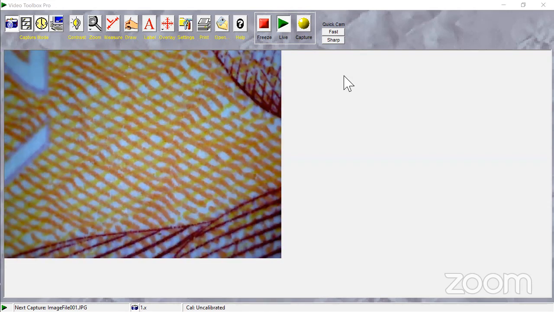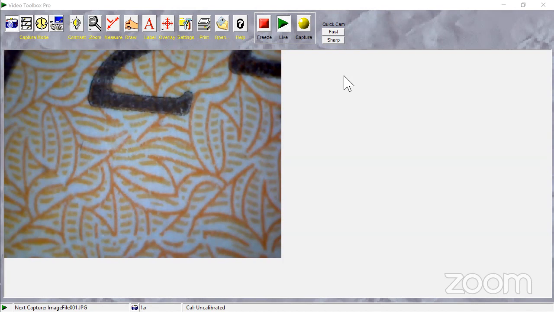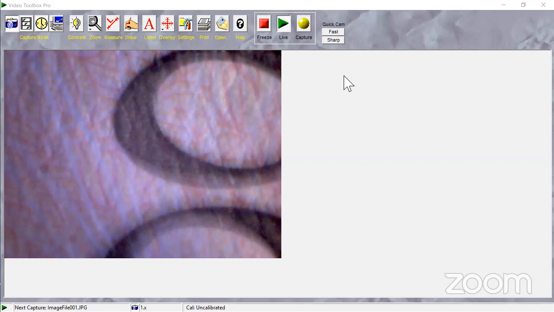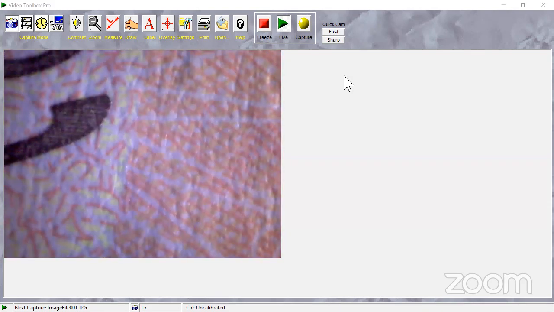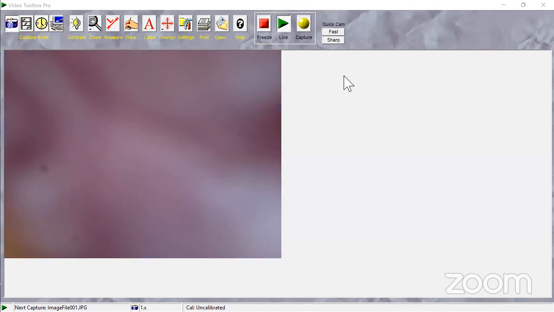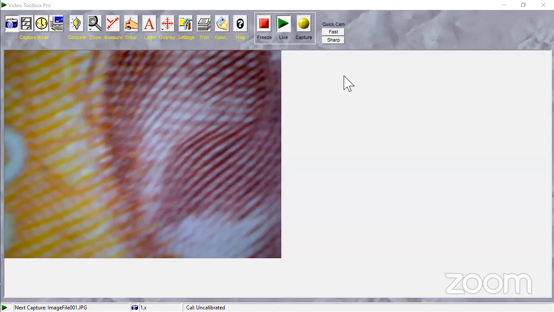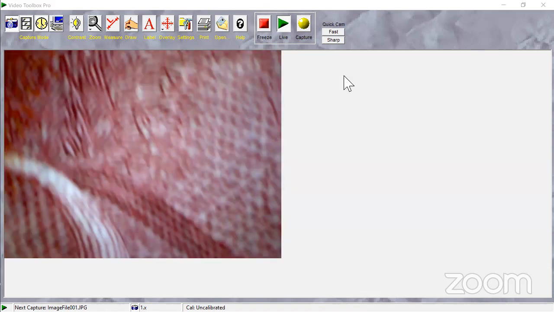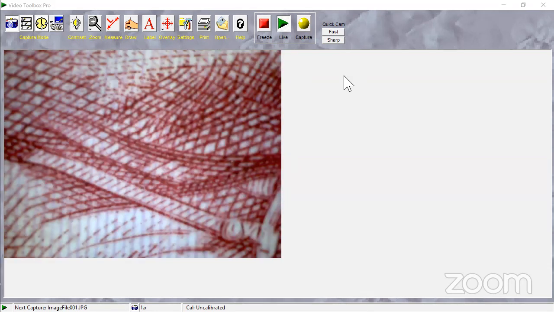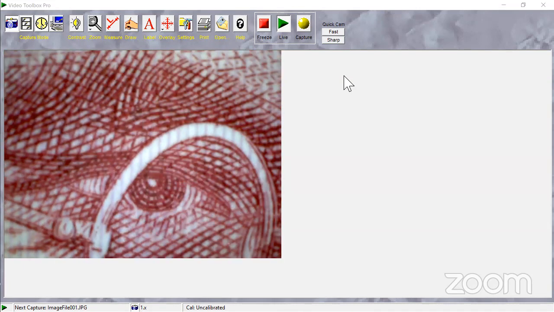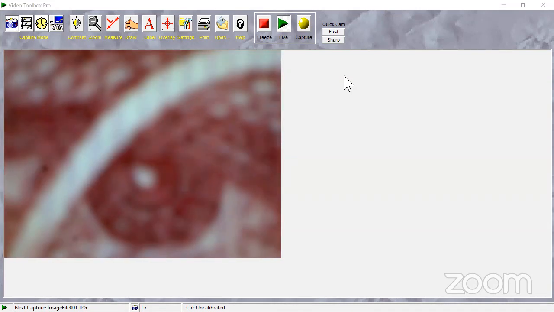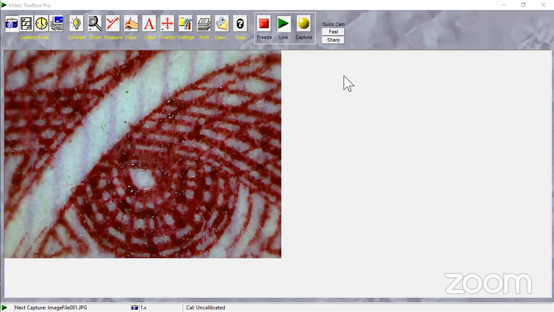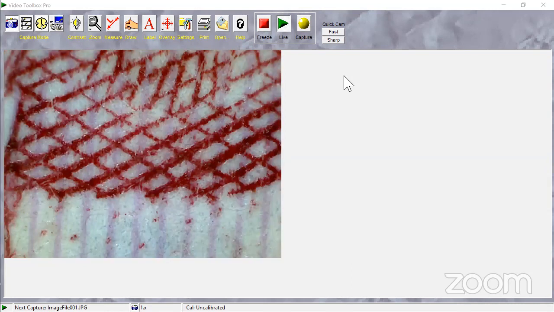And what you can see right now is the UV, and the magnification at different levels. This is 40 times magnification that you're trying to see on the screen. And if I go to 140x, this is the nature of ink which is going to be on the currency note.